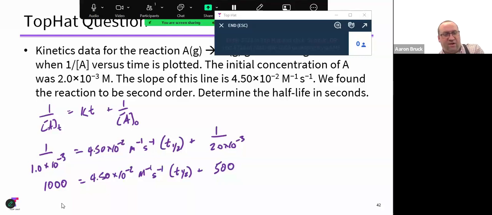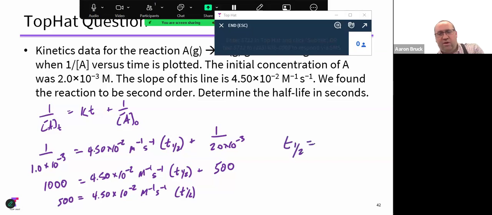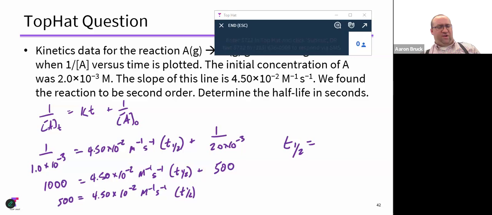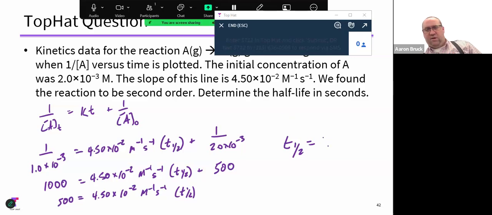So 1,000 minus 500 is 500 is equal to that. And so I could solve by just doing my simple algebra here. 500 divided by 4.5 times 10 to the negative second, to two significant figures, is 11,000 seconds.